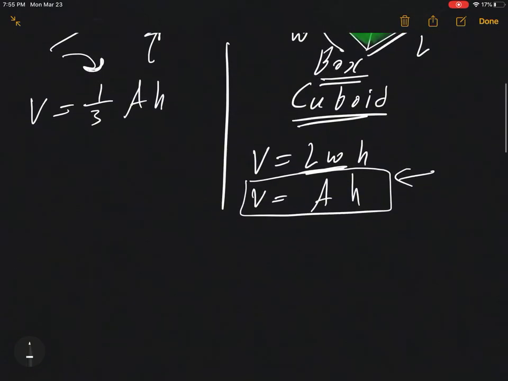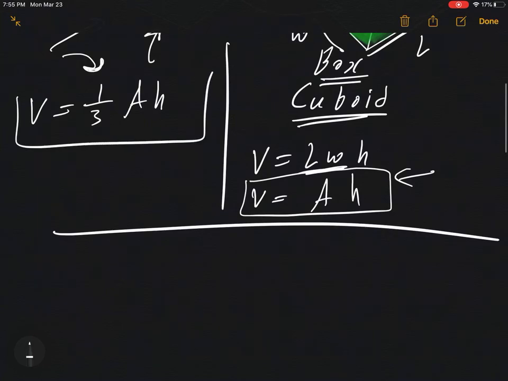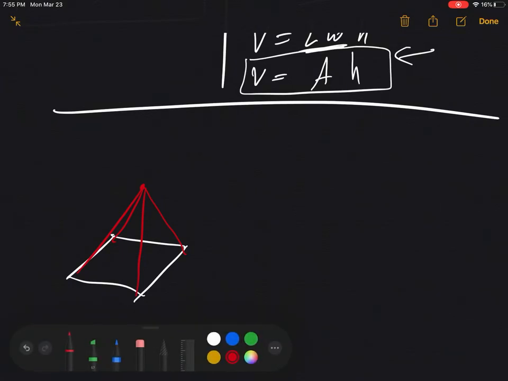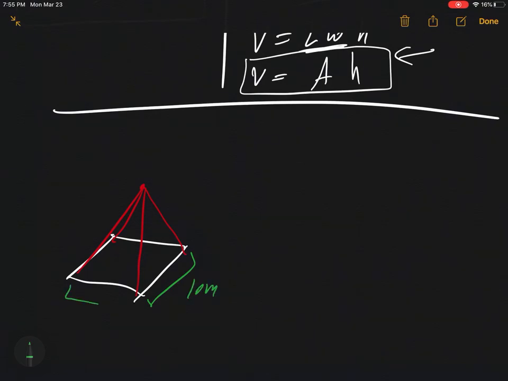Okay, let's take an example. Suppose that I have a pyramid with a base that is a rectangle, and the top of the pyramid is in red there. Suppose that the length is 10 meters and the width is 6 meters.